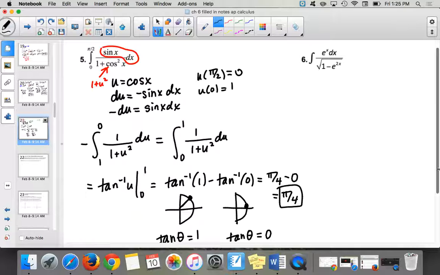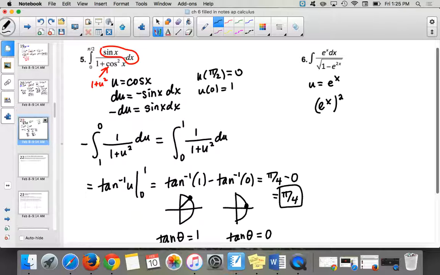All right. I bet Michaela has this one too. Do you know this one? That's it. Pi over 4. Done. E to the what? U equals what? E to the x. Yes, because if you have e to the x and you square it, you get e to the 2x.